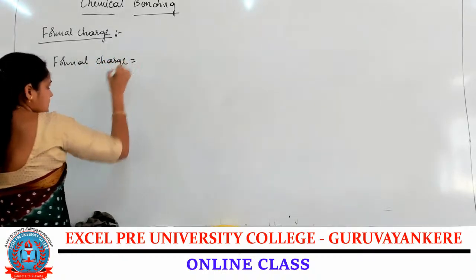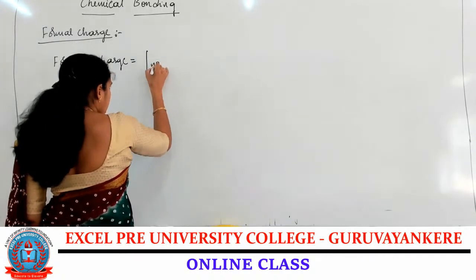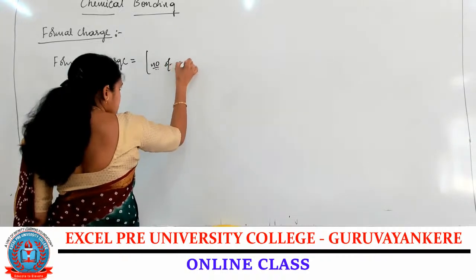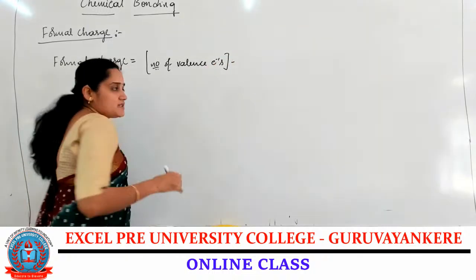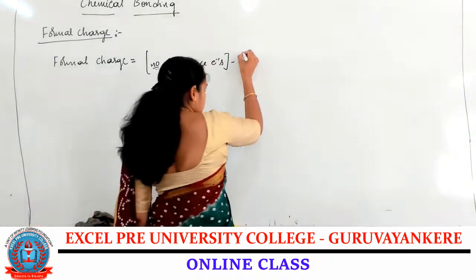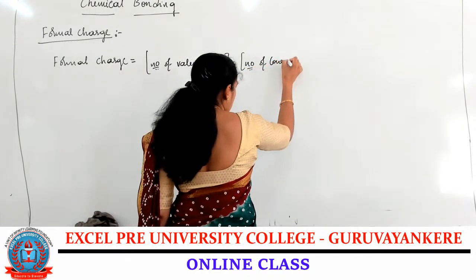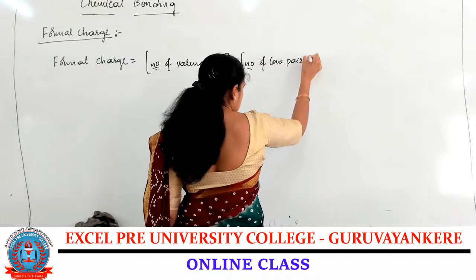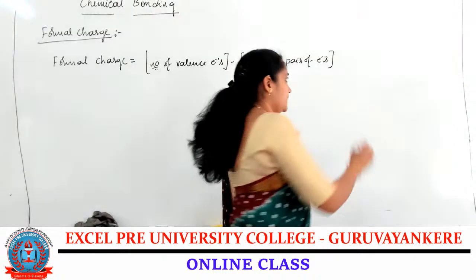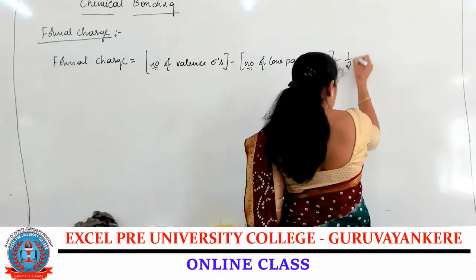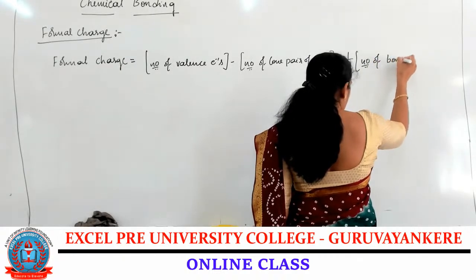Formal charge is equal to the number of valence electrons minus the number of lone pair electrons minus half into the number of bond pair electrons.